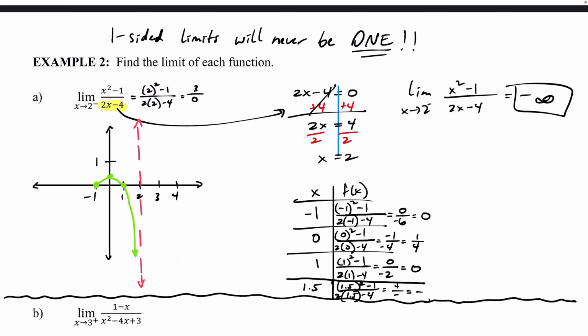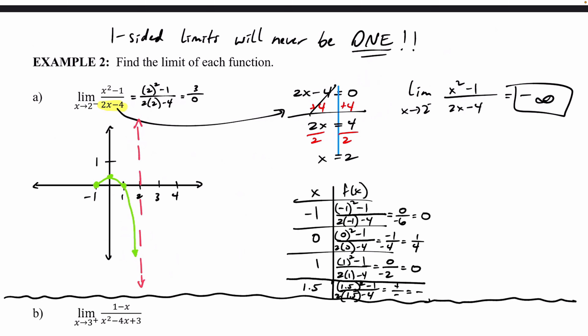So if we plug in, like we did at the beginning, and I got something over 0, it's not DNE this time because it's a one-sided limit, right? But it'll tell you two things. At that point, X is whatever, you're going to have a vertical asymptote, and your answer is either going to be negative infinity or positive infinity. One or the other. Okay?